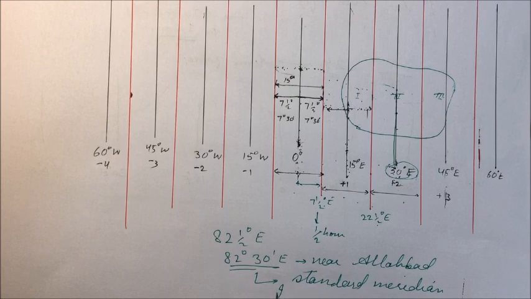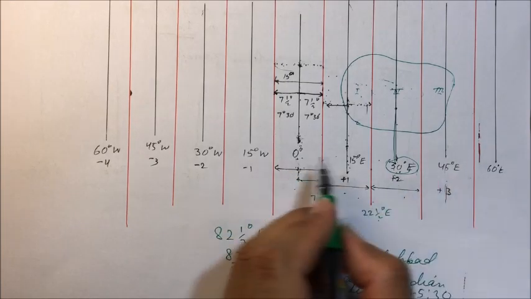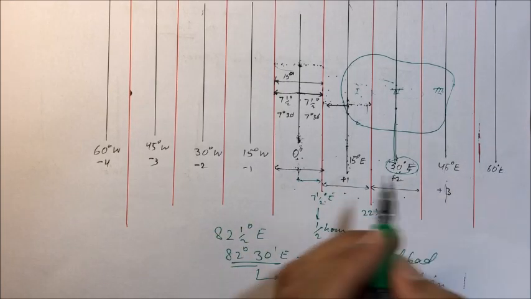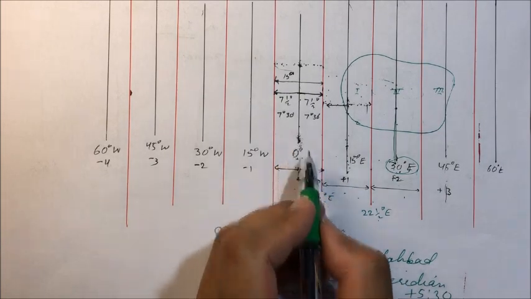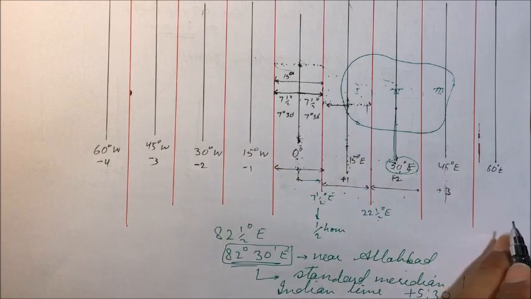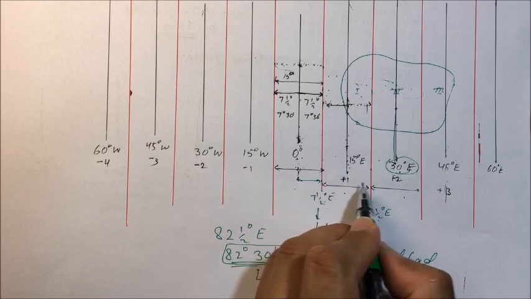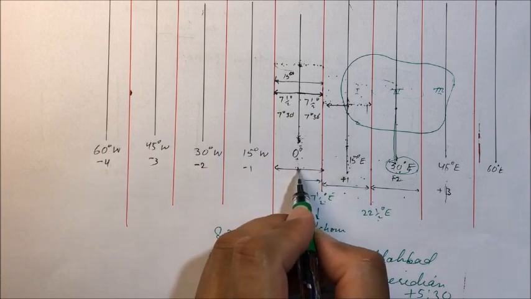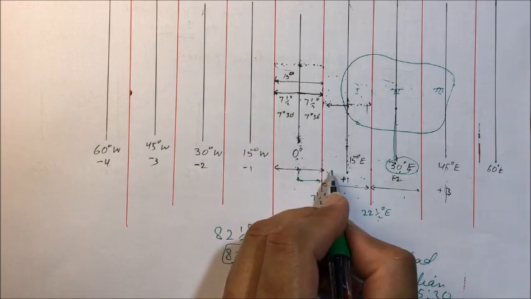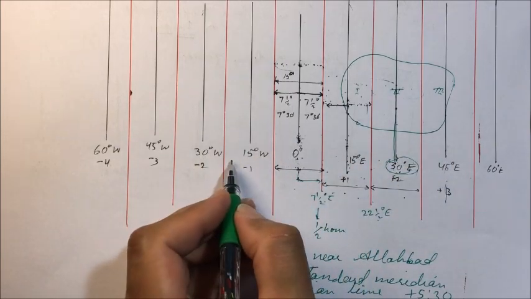Indian time is 5 hours and 30 minutes ahead of the Greenwich Mean Time. So we have selected 82 degrees and 30 minutes, and this is 5 hours and 30 minutes ahead of Greenwich Mean Time. So in multiples of half hours as well, we can take the time. It will be easy around the world to move: we have to switch the watch either ahead in multiples of half hours or back in multiples of half hours.